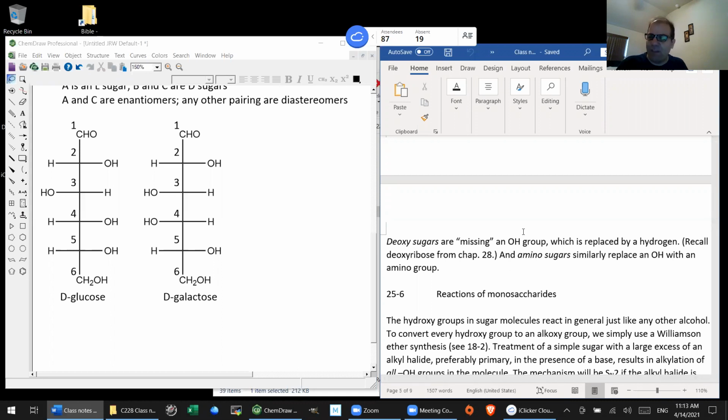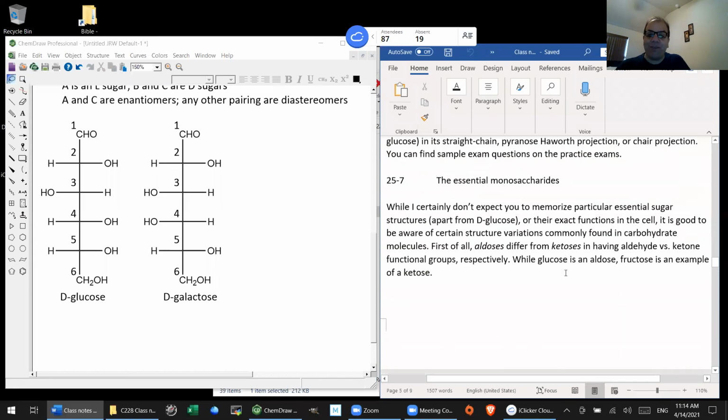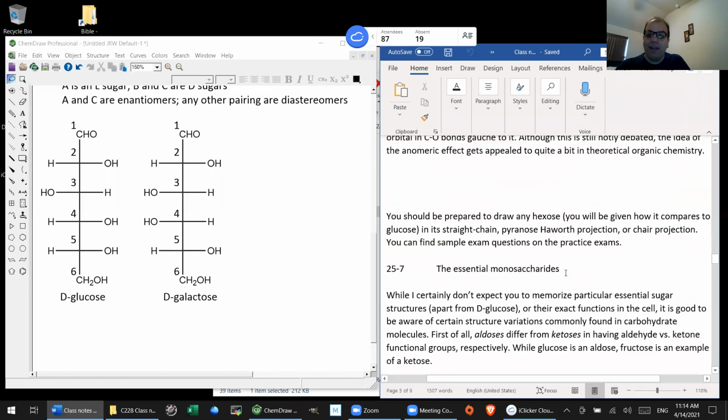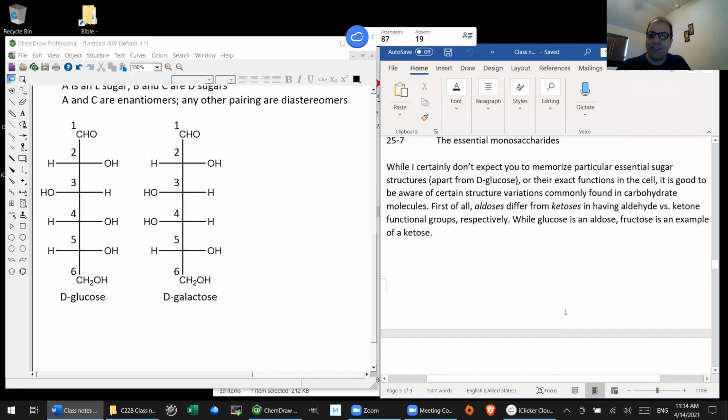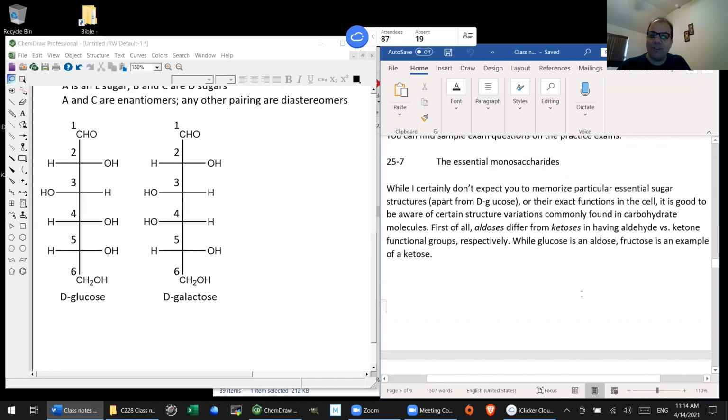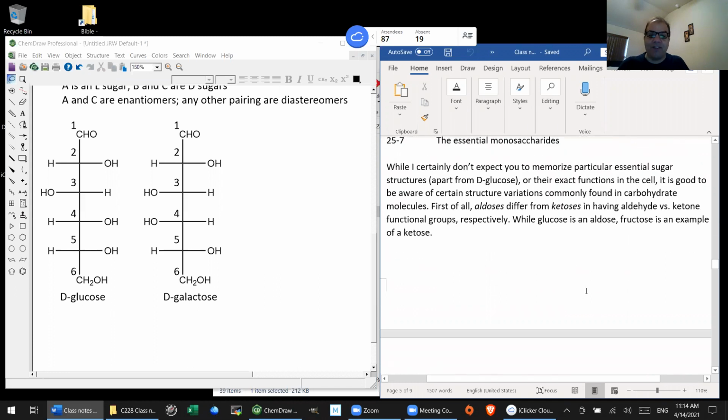And we've also discussed amino sugars, again in the context of nucleic acids. We were making those N,O-acetals, so those are a kind of amino sugar also. So with that, I think we're well set up. Of course, I don't care if you memorize the essential monosaccharides, but I was defining some of these terms so you could understand that section.